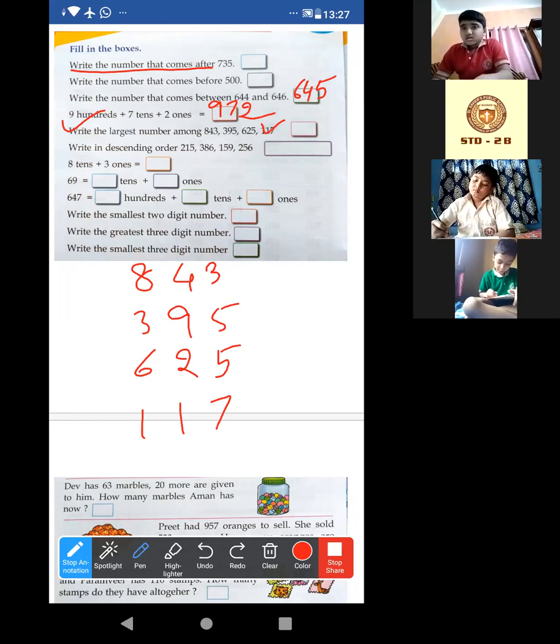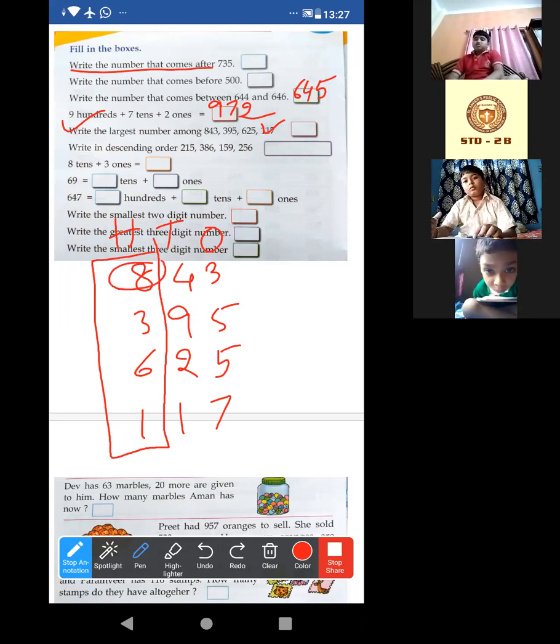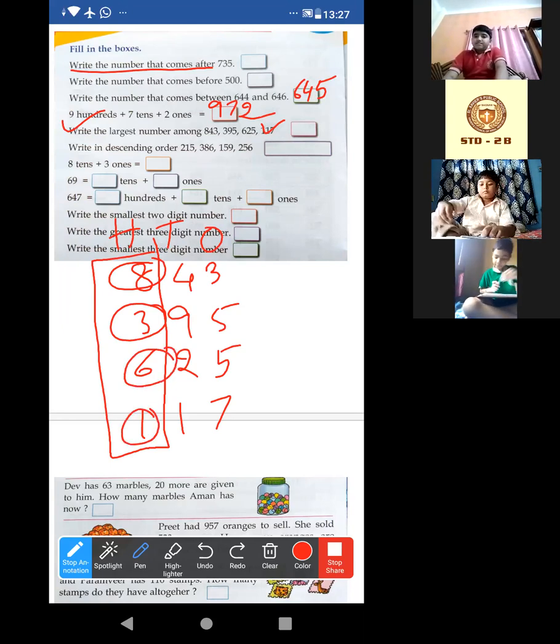Achha, now just do. It is ones place, it is tens place, it is 100 place. Just look at, I told how to find out greater number. 100 place, you have to look. Look, here it is 8 in 100 place, here it is 3, it is 6, it is 1. Among these 4, which one is greater? Definitely 8.